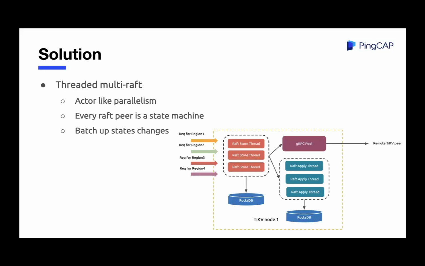Internally, we create a batch system. The batch system will fetch multiple peers in a batch, handle the activity of all the peers, and then the peers will generate the readiness. Then the readiness will be written to disk at once. In this way, we can both utilize multi-threaded concurrency and also achieve high write efficiency.